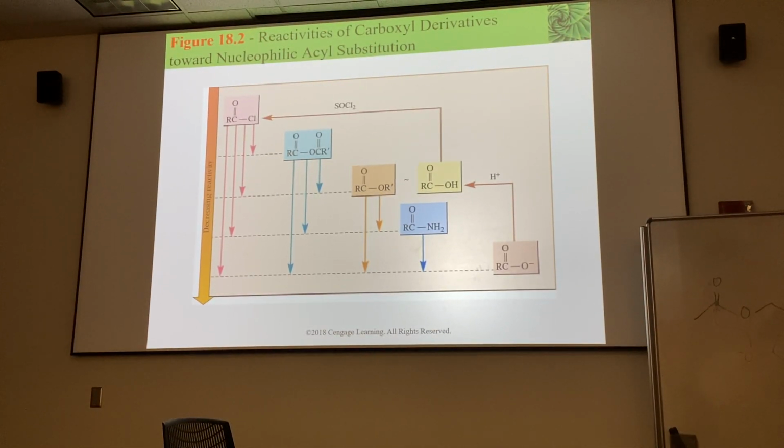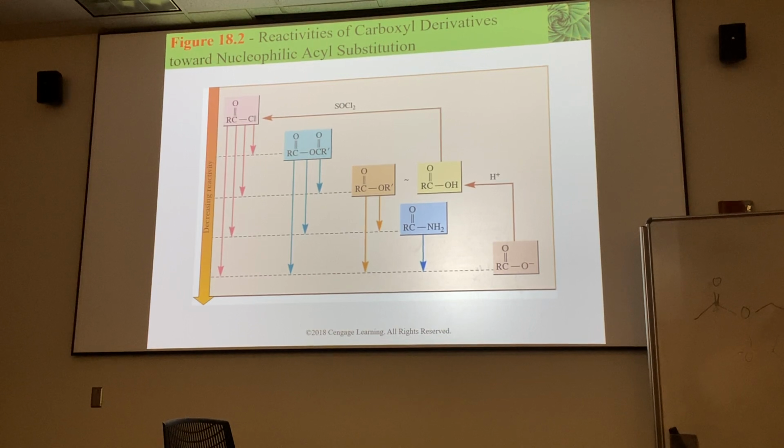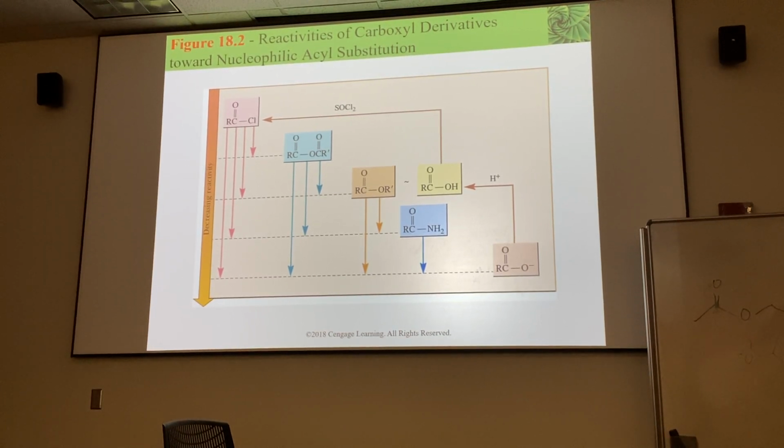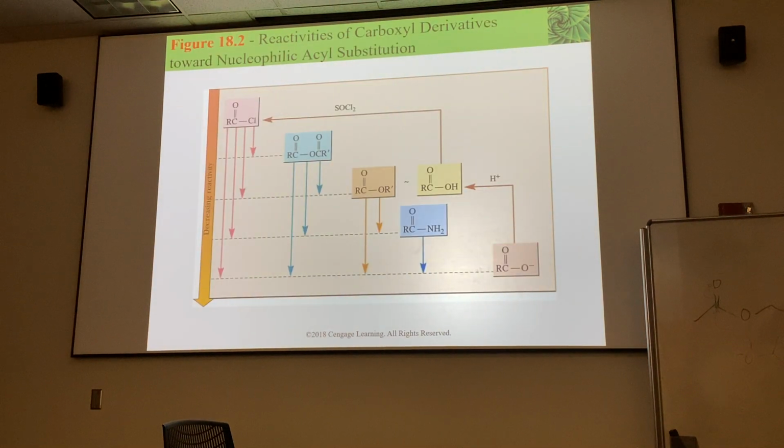This is a chart that I copied, right? We're going to get to this chart after several slides, because right now we haven't gone over any of the arrows. But I really like this flow chart better than just an order of reactivity, because it gives us a meaning for the order of reactivity.